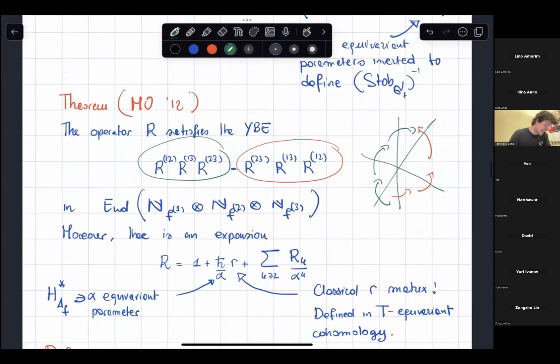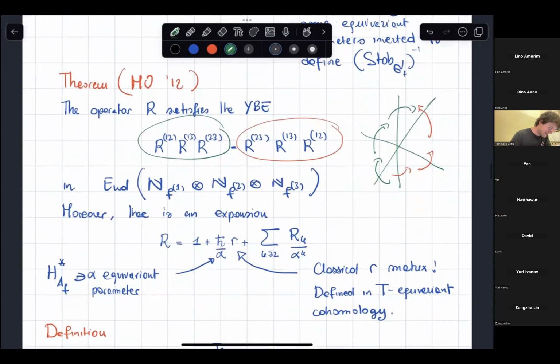And moreover, and hopefully this is the last information about the R matrix I will provide you with, the R matrix has an expansion like this. It starts with 1, and then you can expand in certain equivariant parameters. These equivariant parameters are kind of perpendicular to the wall that is defining the R matrix.